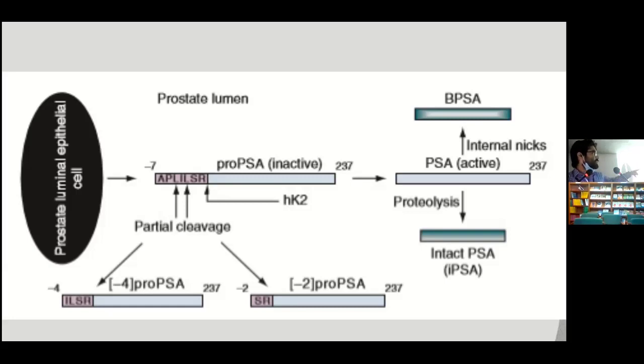Whereas if this PSA undergoes internal nicks or degradation, it forms BPSA, and if it undergoes proteolysis, it forms intact PSA. We should know that in the setting of prostatic carcinoma, the PSA usually does not undergo proteolysis and is mostly found attached to alpha-2 macroglobulin and anti-chymotrypsin forms.